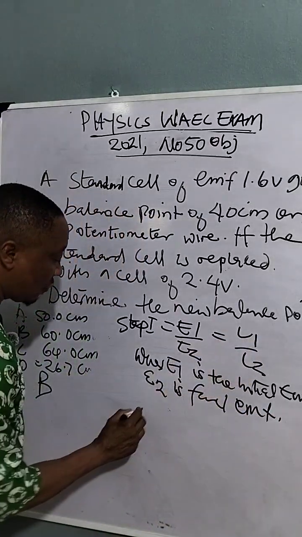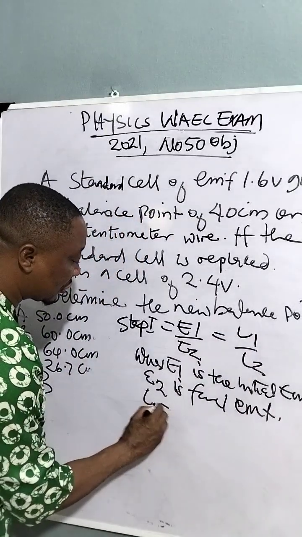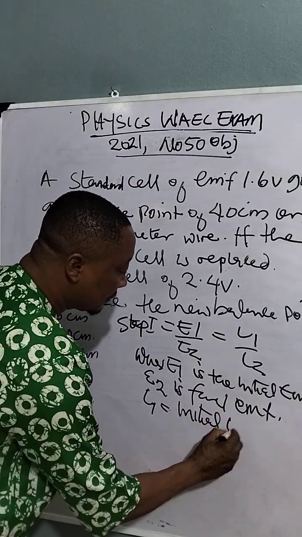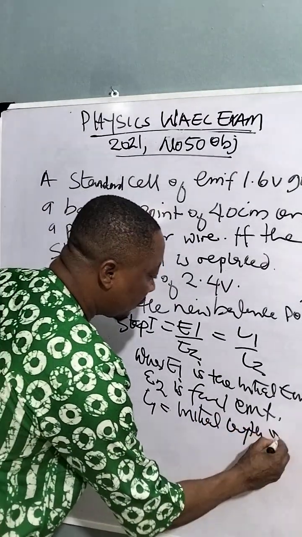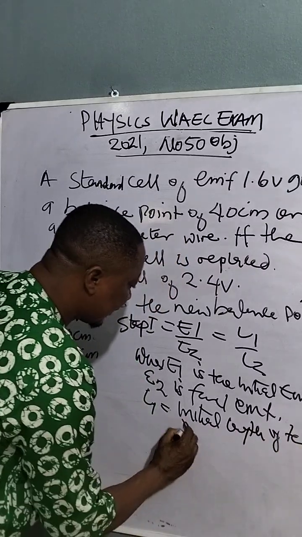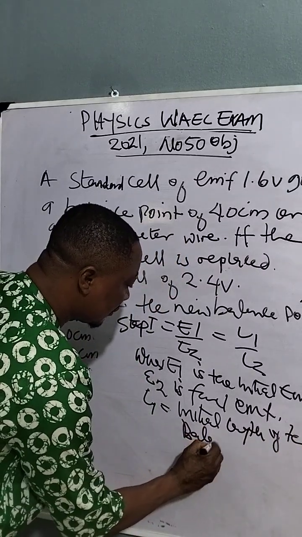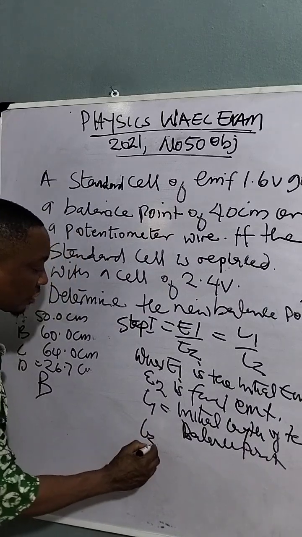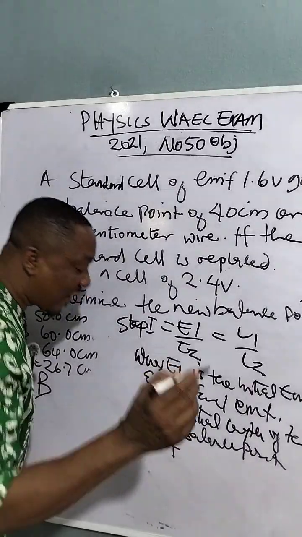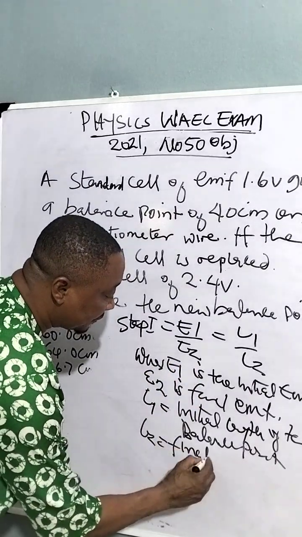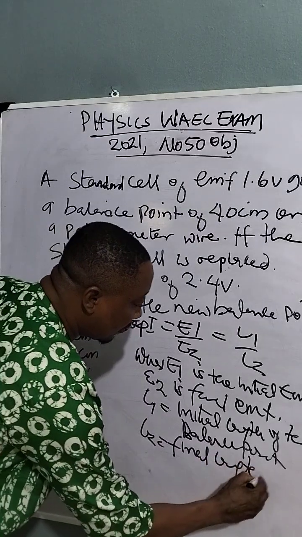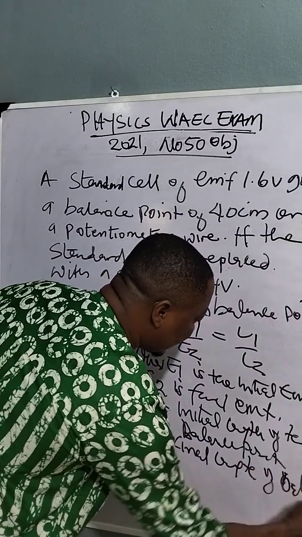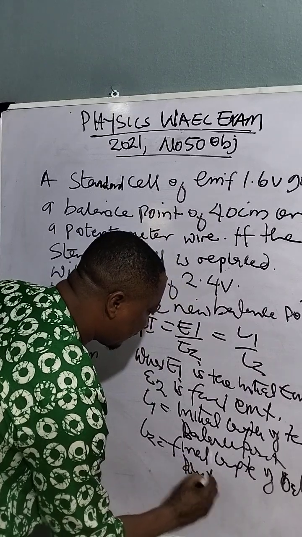L1 is the initial length of the balance point, then L2 is the final length of the balance point.